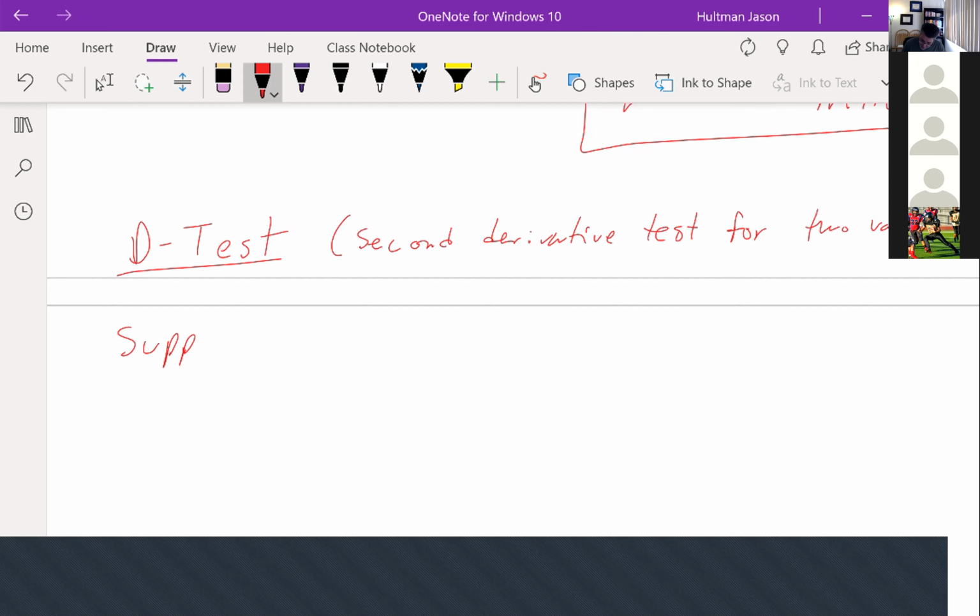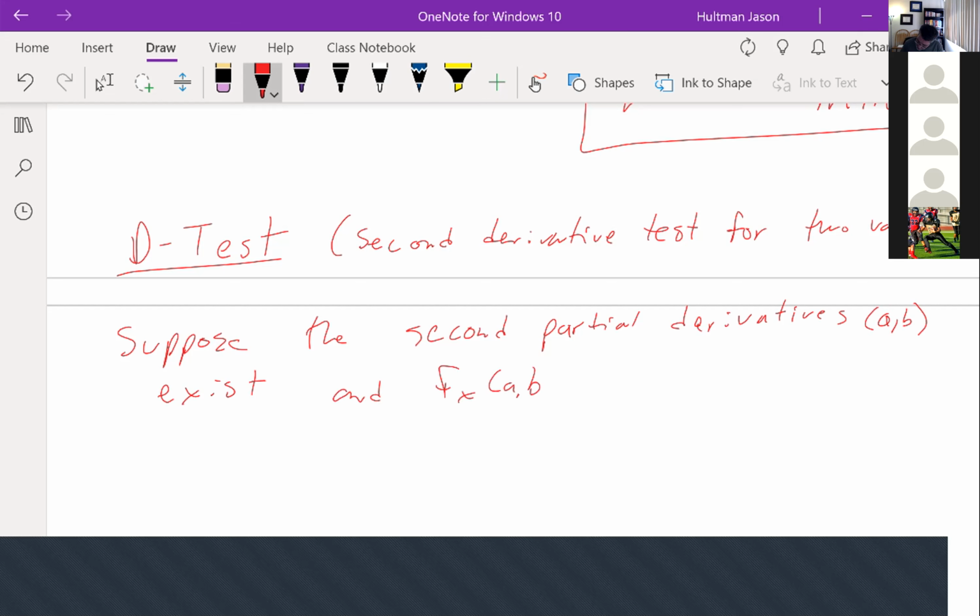So suppose the second partial derivatives of (a, b) exist, and f sub x of (a, b) is equal to 0, and f sub y of (a, b) is equal to 0.